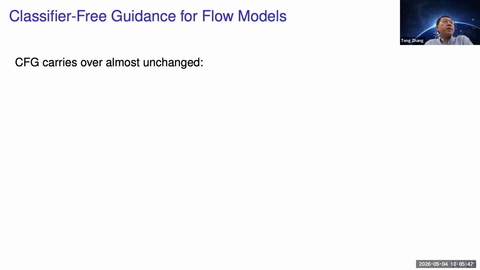Recall the classifier-free guidance is a contrast of your conditioned versus unconditioned. Conditioned and unconditioned doesn't affect y0, because y0 is never conditioned, just the real image. It only affects epsilon, but both affect epsilon the same way. So essentially, you can use the same classifier-free guidance, CFG.